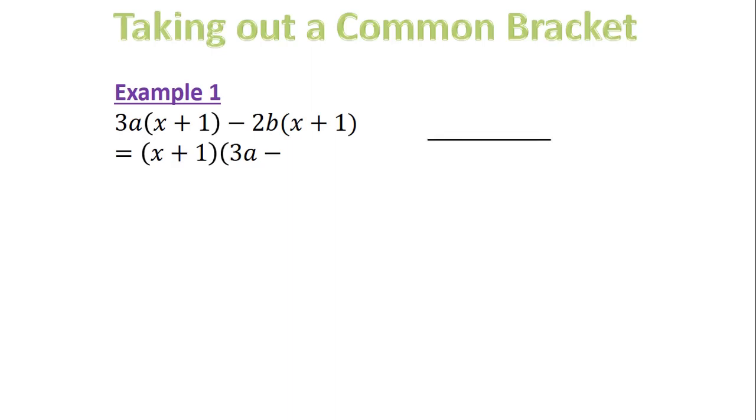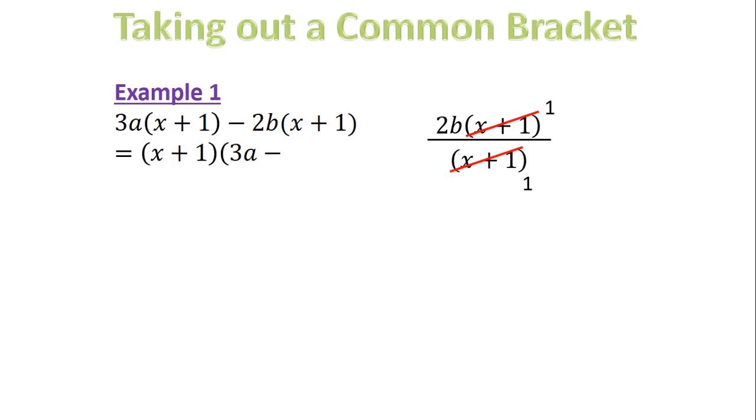Again, we set up our fraction. We put our common bracket in the denominator, and we put our second term in the numerator. And now again we cancel. So our bracket there, x + 1, goes into itself once, and in the numerator again once. And so we have just 2b left.